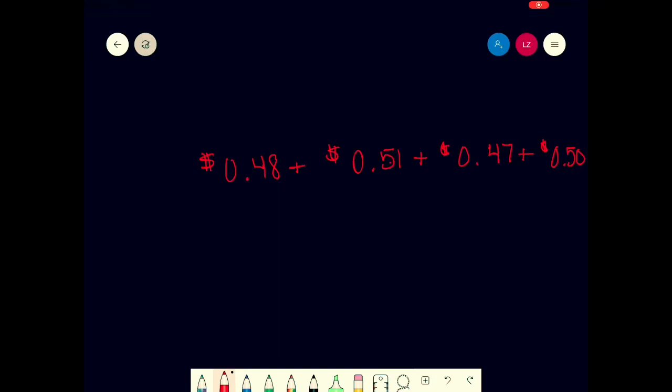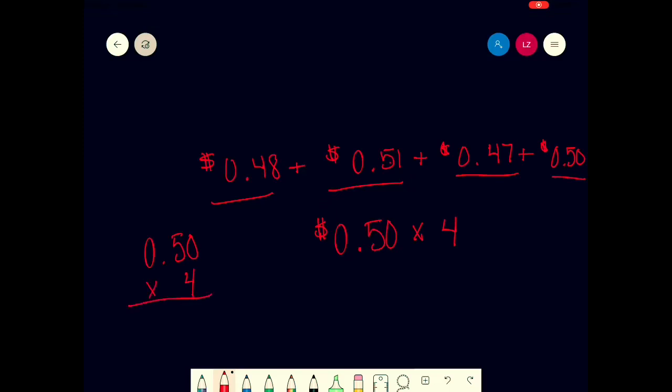So how many 50 cents are there? There's 1, 2, 3, 4. So really what we could do is take 50 cents and multiply it by 4 to get a quick answer. So 50 cents times 4.